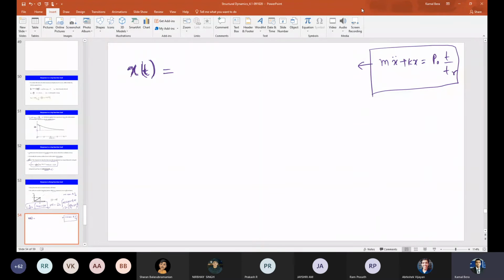Anybody else good at integration? I am writing the expression again for your convenience: m omega n integral of 0 to t, p naught tau by TR, that is your normal integral, P tau sin omega n for the undamped system (t minus tau). What is that x(t)? Please.